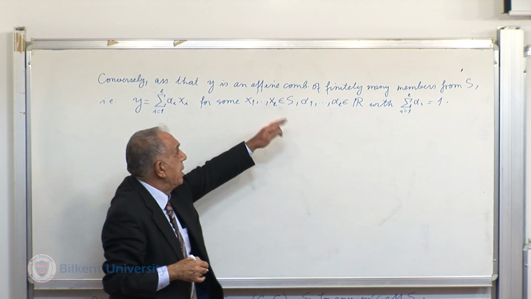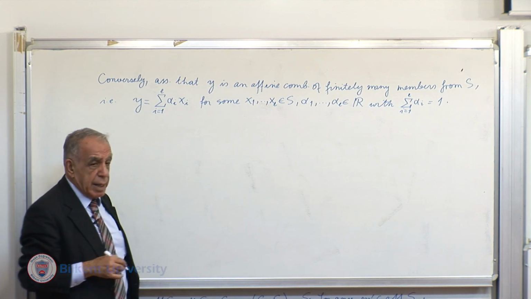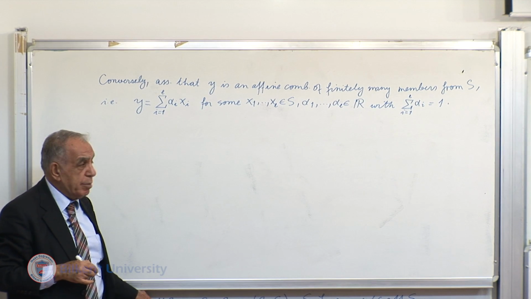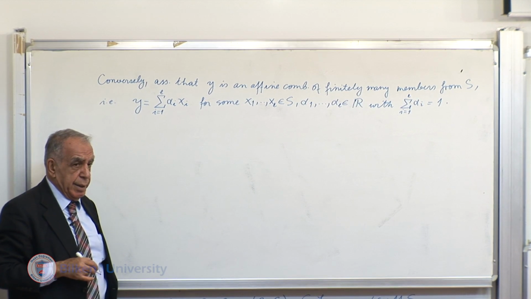This is what it means that y is an affine combination of finitely many members from S.